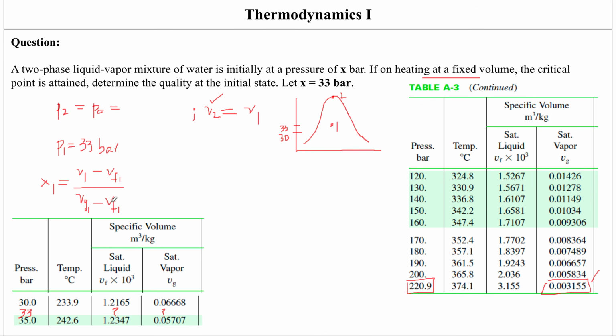And Vg at state 1 and Vf at state 1 are going to be across the pressure at state 1. So across this, I need to find the value for Vf and Vg. So I need to find the value for Vf1, which is here, and the value for Vg1, which is here.